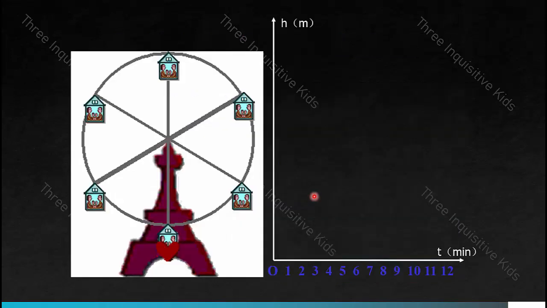Well, let's look at this on a graph. Here on the x-axis is t, which represents minutes, and the y-axis is h, which represents the height in meters above the ground. When you're just starting to get onto that Ferris wheel, at that starting point, you're at 3 meters above the ground.